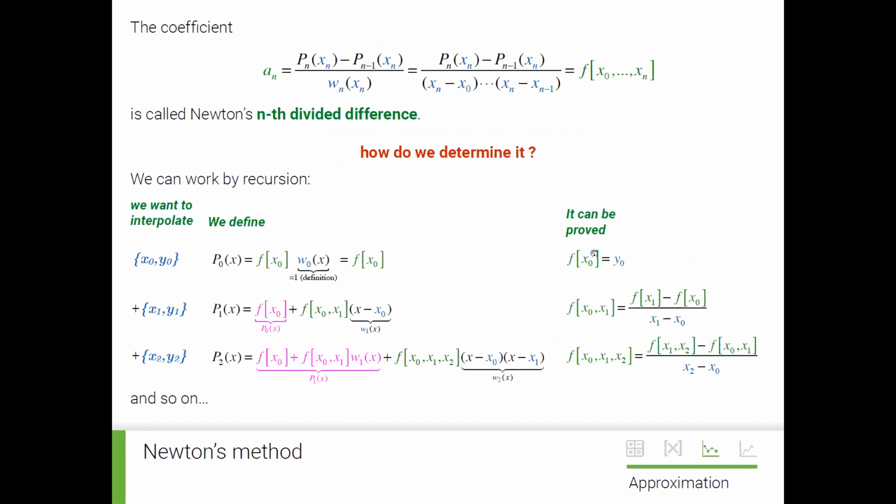We said this is a real number. It is a function of x0, x1, and xn, but they are constants, they are nodes. So this is just a constant. Similarly, you can find f(x0, x1, x2) by this formula. So you get all the coefficients of this polynomial.